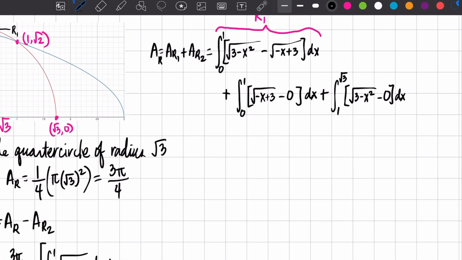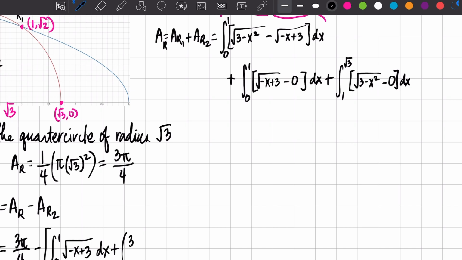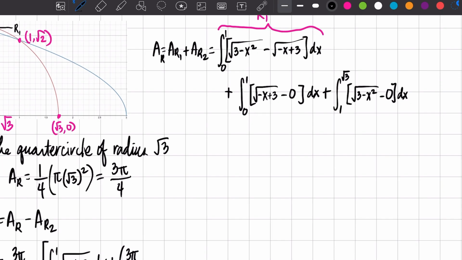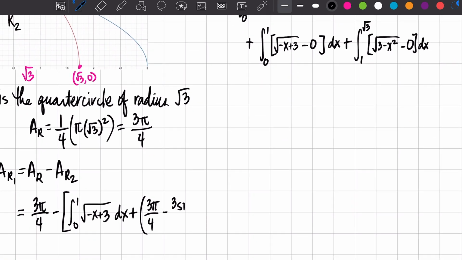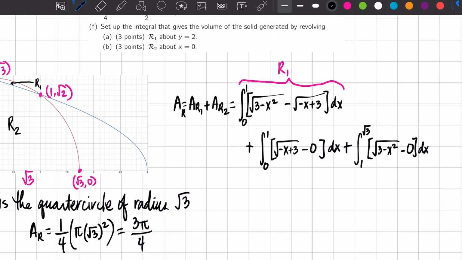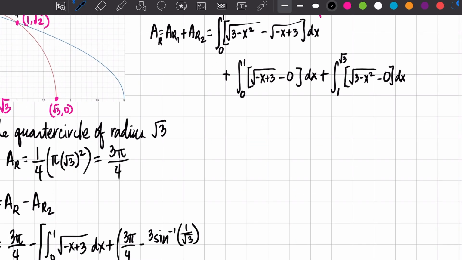So let's plug it in. You have 3 pi over 4 minus 3 sine inverse of 1 over square root of 3 plus the square root of 2 all over 2. Okay?